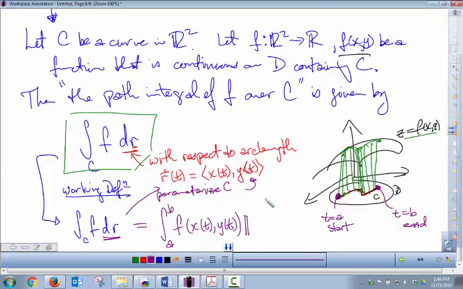But that can actually be compacted. So this is a square root of x prime squared plus y prime squared. And that's our arc length portion when we're integrating with respect to arc length.